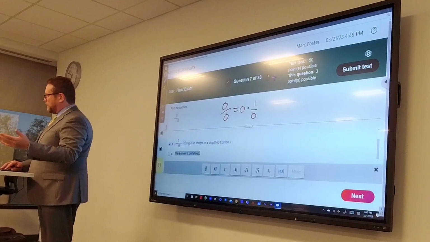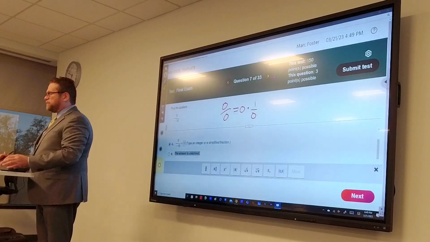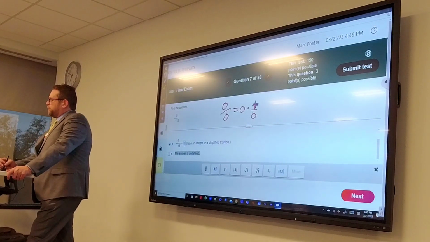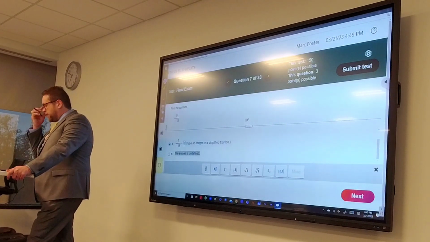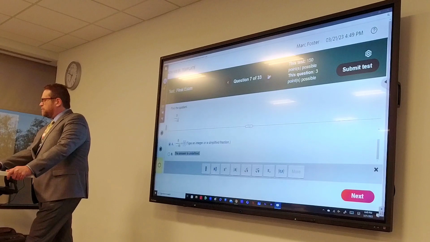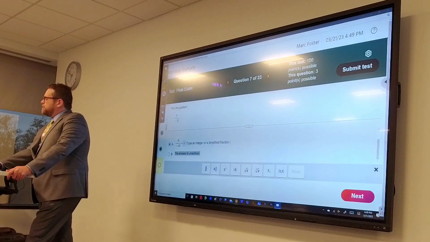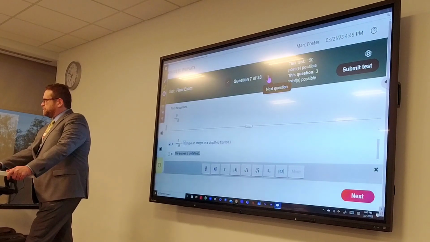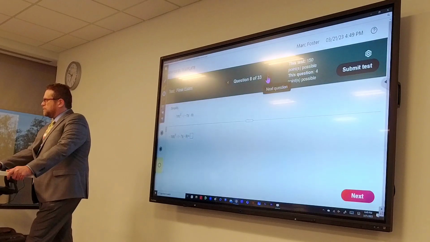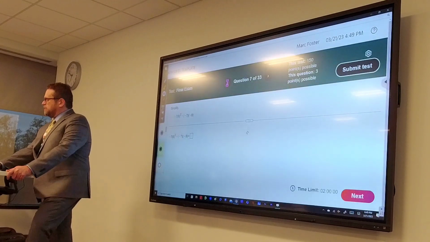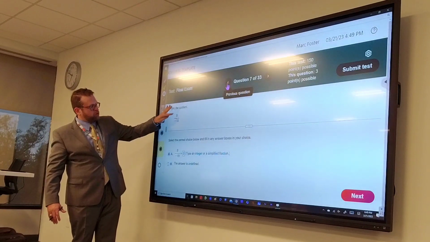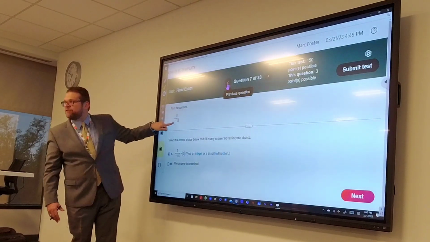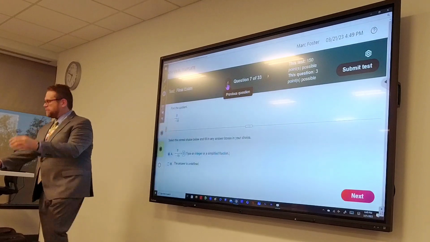And the reason is because 1 over 0 is undefined. So anytime there's a 0 in the denominator, no matter what is in the numerator, it is undefined. And the only reason that this thing came out 0 here was because it was a 0 in the numerator and then not 0 in the denominator.